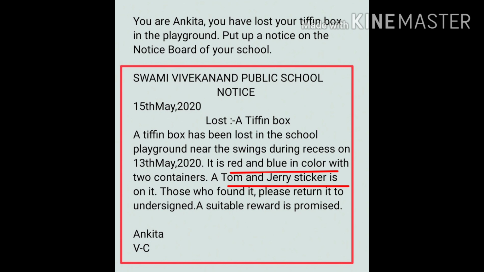One sticker identification is also there, and after that, contact the undersigned, and a suitable reward. And at the last, the name of the writer, because the writer's name is given to you, that is Ankita, so we need to write Ankita.